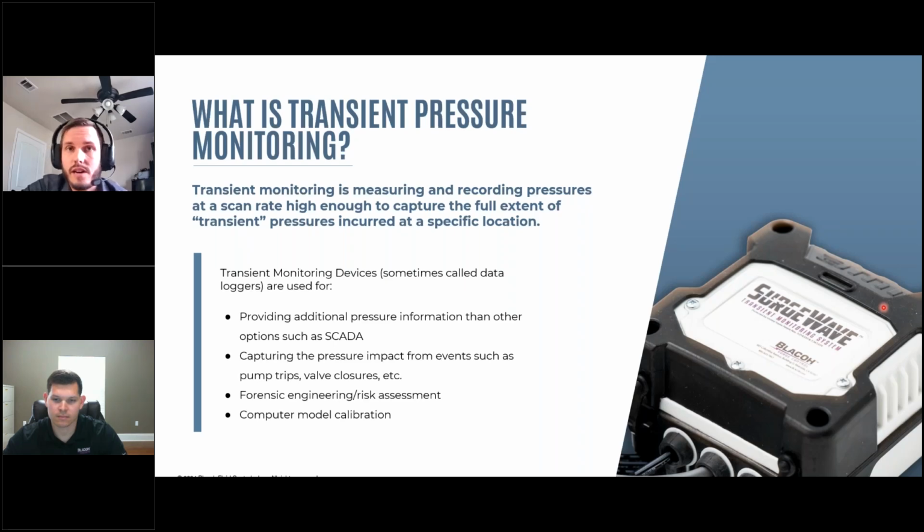Remember, the wave may travel 3,000 miles an hour, which means it won't take long for the opposite end of the system to be affected.